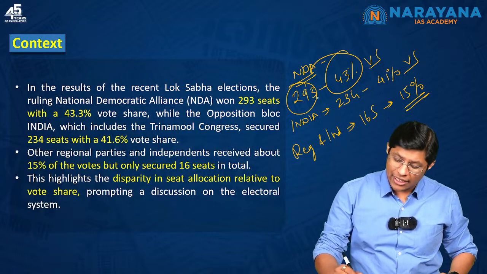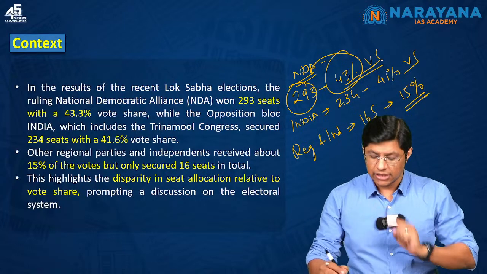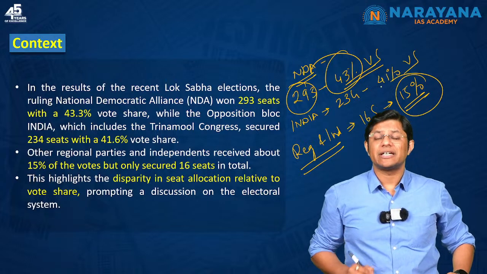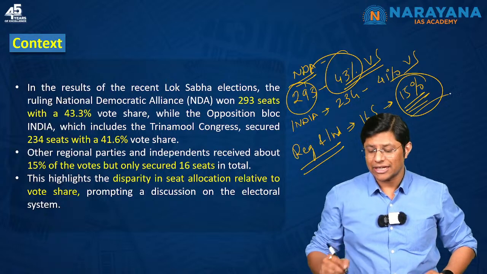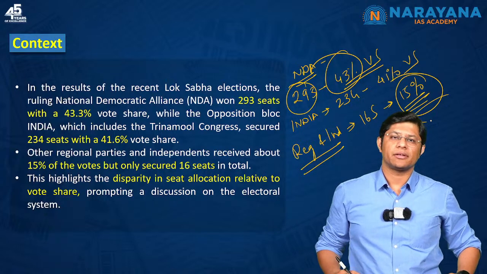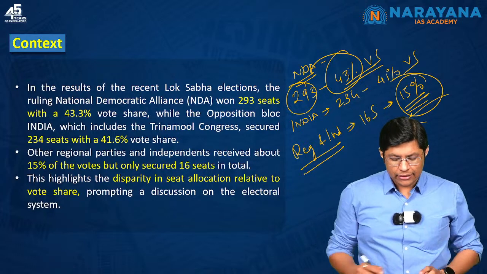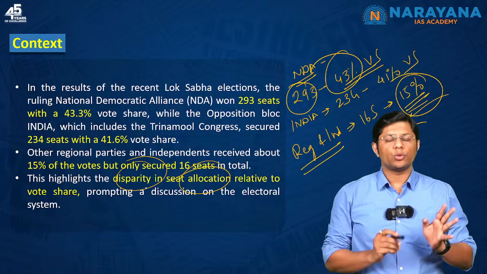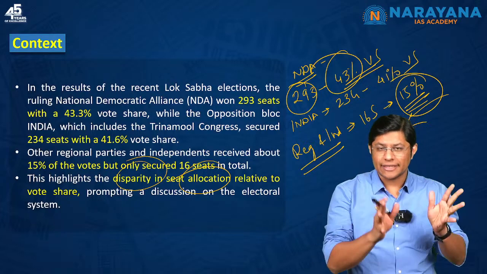And with respect to regional political parties, they got 15% vote share, but the seats they got were not even 15%. It is less than 15%. What does it indicate? It indicates that there's a disparity in seat allocation relative to the vote share. I hope you're understanding the context.